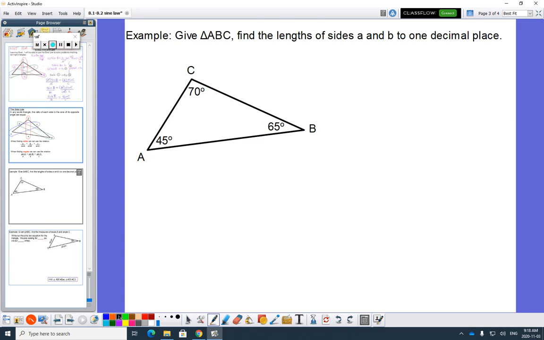So number one, first and foremost, you have to label the triangle. And you might say, well, Ms. Todd, it does say ABC. Those A, B, C, the capital letters, that's only the angles.